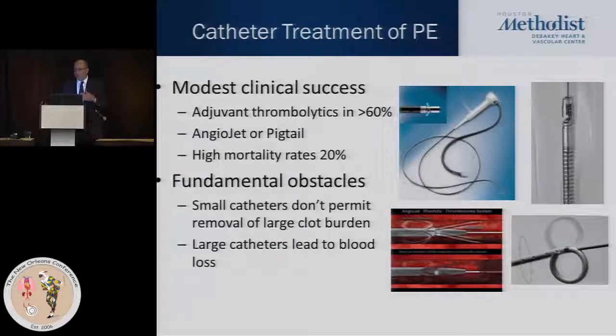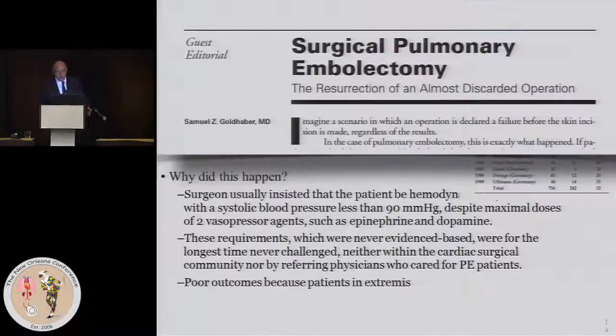They use thrombolytics as adjuvants in the vast majority of them, but the mortality rates are high because these patients are so sick. And the fundamental obstacles are that these are small catheters which don't permit the removal of a large clot burden. You use a larger catheter and you lead to a lot of blood loss, which the patients don't tolerate very well.